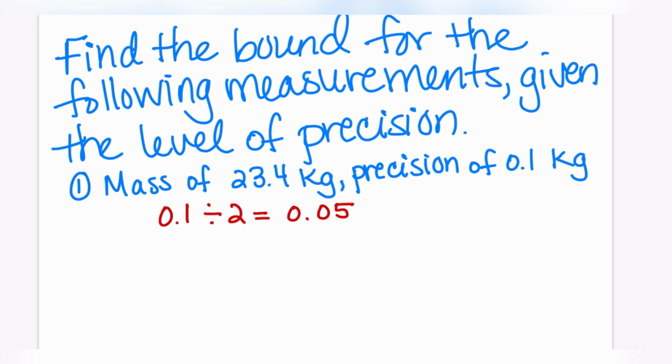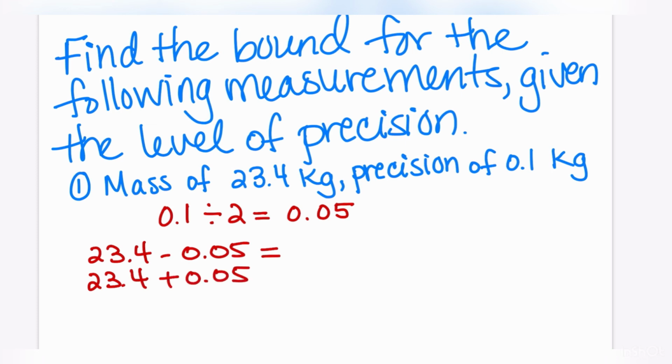Then you're going to take the value that we're talking about, which in this case is 23.4 kilograms, and we are going to subtract the 0.05 from 23.4, and we're going to add the 0.05 to 23.4. So that's going to give me 23.35 and 23.45.